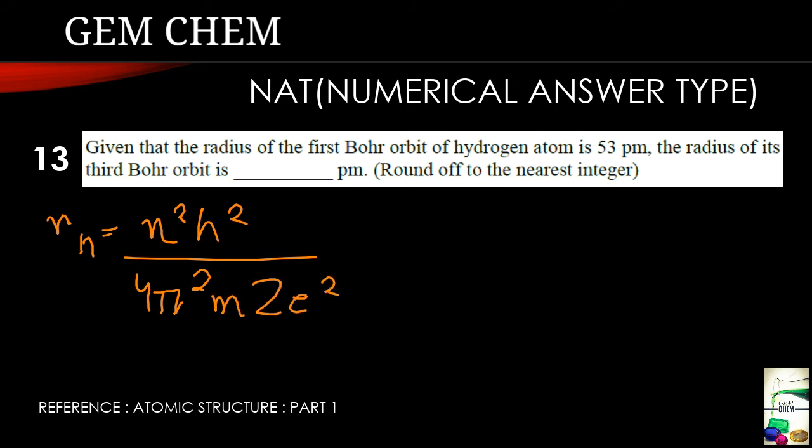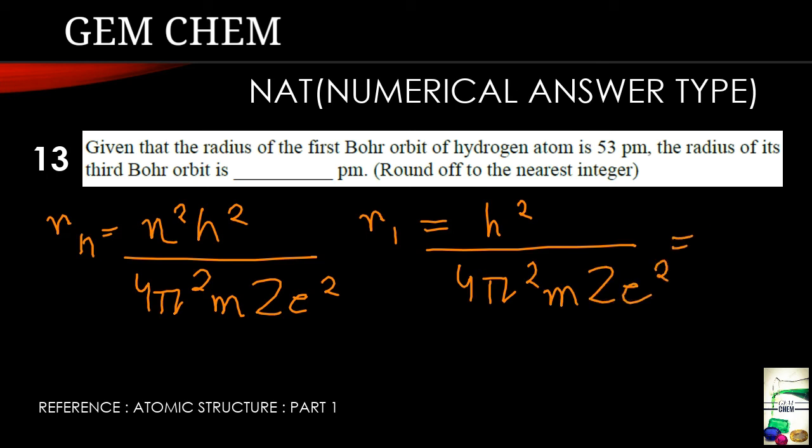Now for R1, it is given that the radius of the first Bohr orbit of hydrogen atom is 53 picometer, and we have to find the radius of the third Bohr orbit. So R1 equals h square by 4 pi square m Z square, which equals 53, and we need R3.